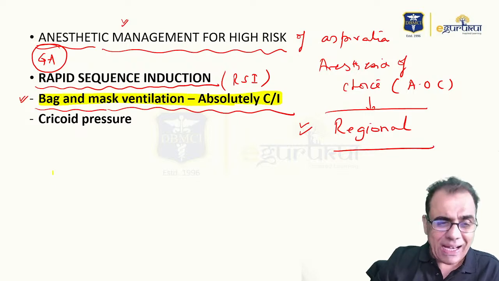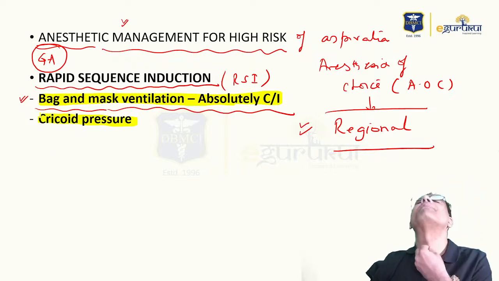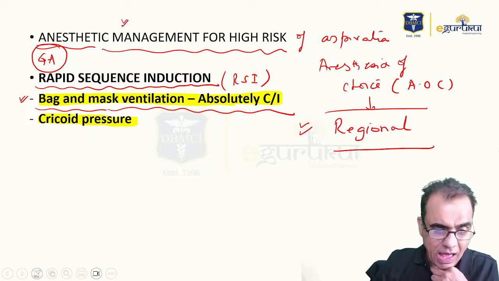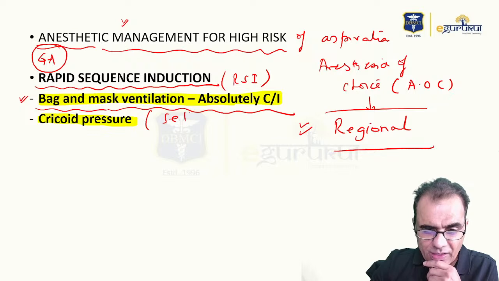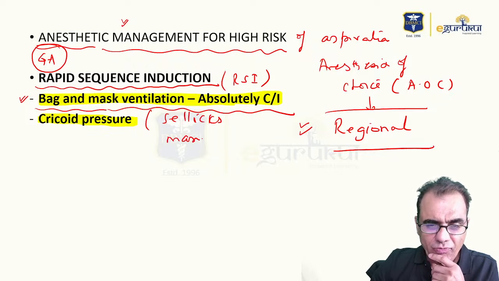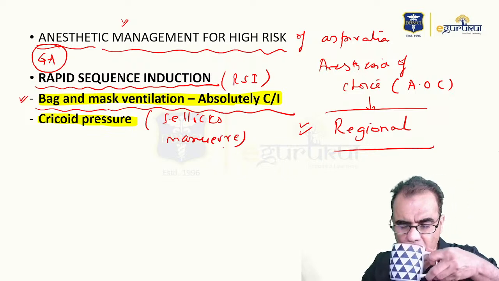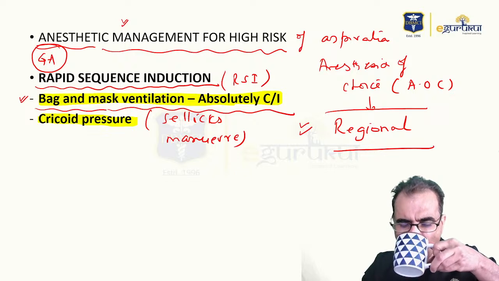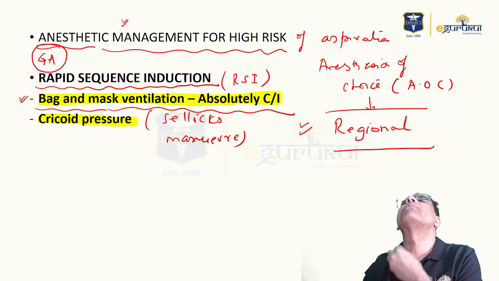Secondly, as soon as the patient falls asleep, the assistant applies cricoid pressure. This is called the Sellick maneuver. As soon as the patient becomes unconscious, the assistant applies cricoid pressure.